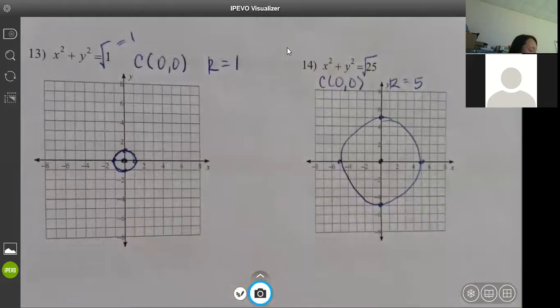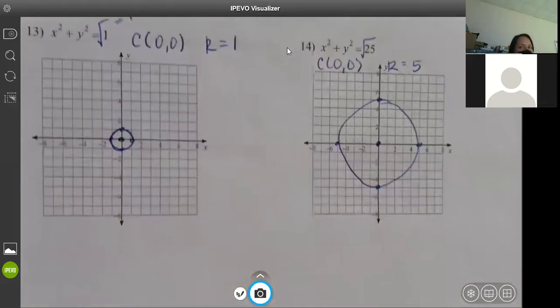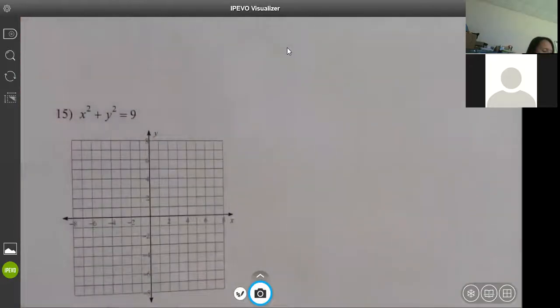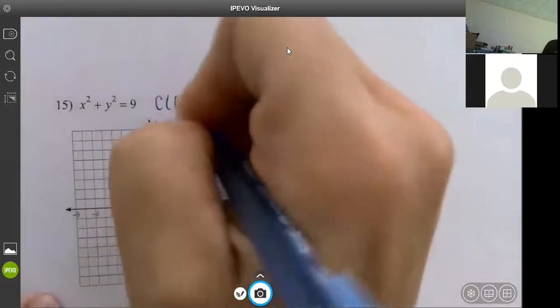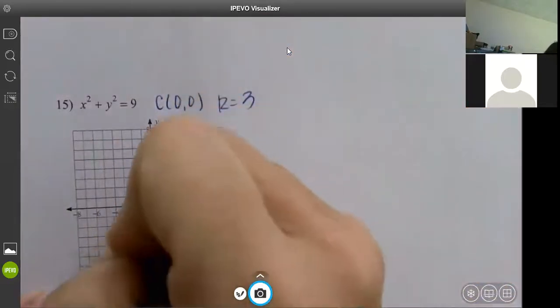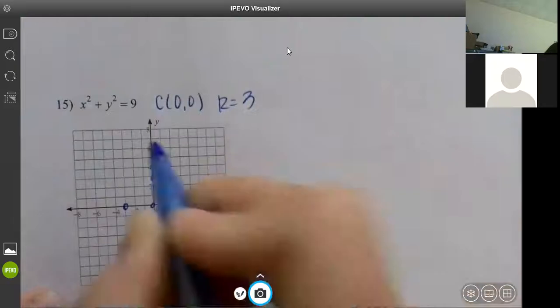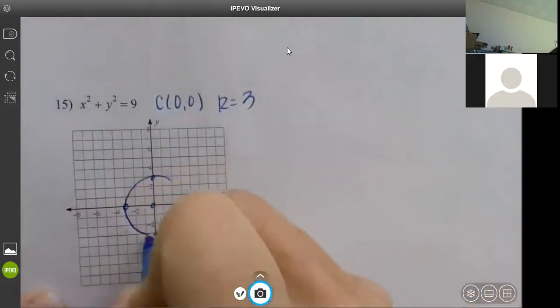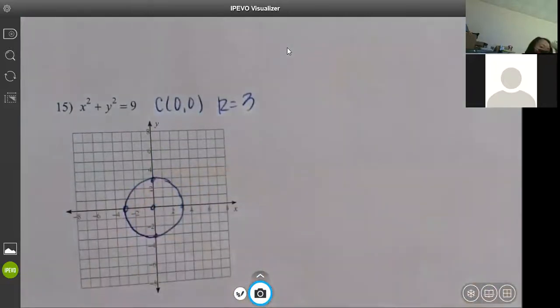Everybody okay? All right, 15. Center. Radius. So 0, 0, up, down, left, right, 3. And make your circle.